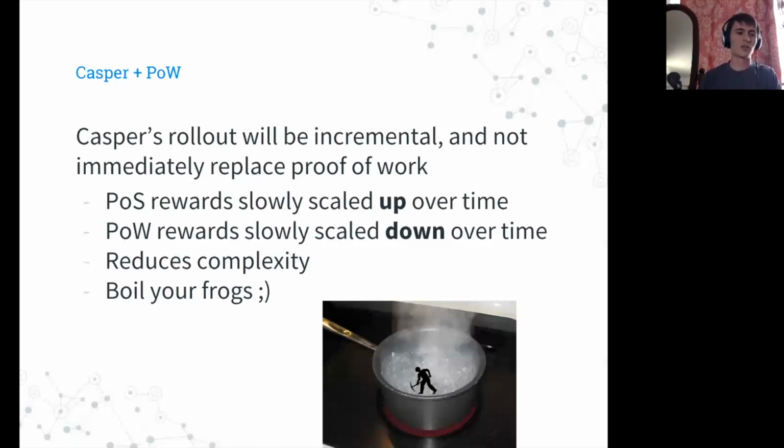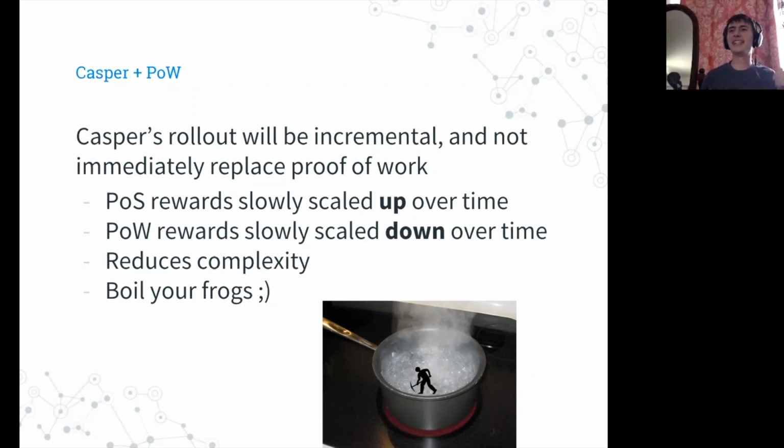So first, why are we doing Casper plus proof of work at the same time? It can be a little bit weird. Well, one, it will reduce complexity, and two, it will provide a staged, slow removal of the miners.